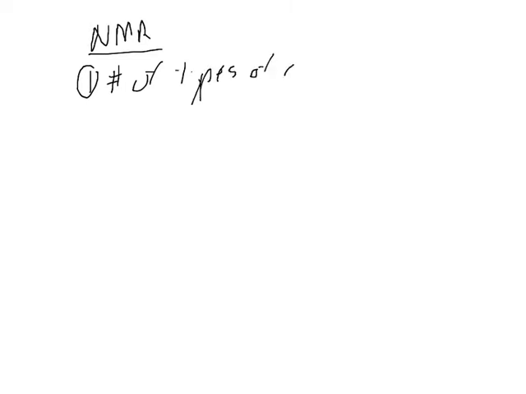Next thing we're going to talk about is an NMR type problem. Basically, the first thing you got to remember for NMR is just the four things that it tells us. The first thing it tells us is the number of types of chemically non-equivalent H's.